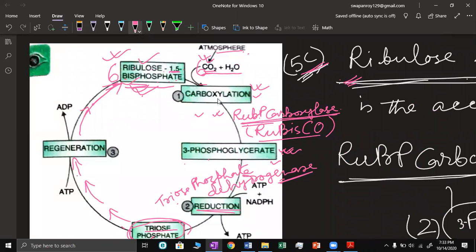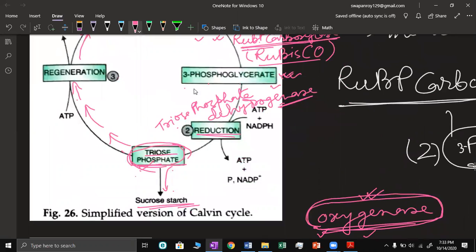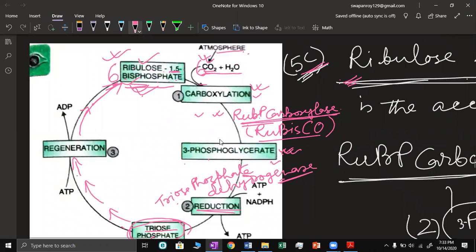And for that, how many molecules of 3-phosphoglyceric acid will be produced? This is a 3 carbon compound. So here 12 molecules will be produced, is it?